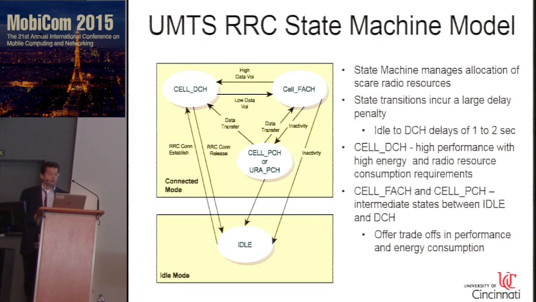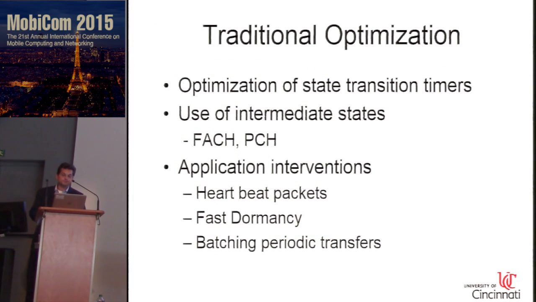The FACH channel was not designed with today's smartphone applications in mind and offers minimal benefits for most applications. It has been reported by others that some networks bypass the FACH state completely. So the delays on state transitions have significant impacts on mobile application performance.